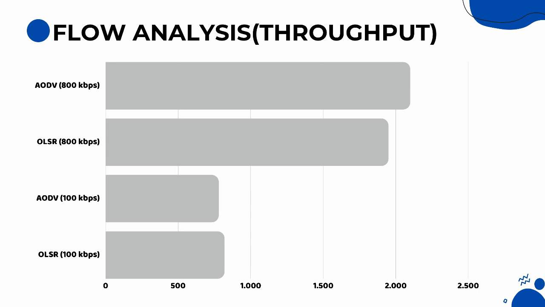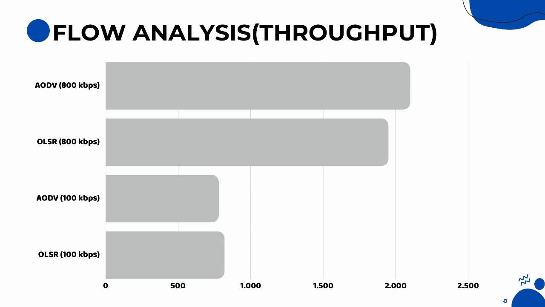Analyzing the throughput results, we observe an interesting behavior. When the network load is low at 100 kilobits per second, the two protocols behave almost identically. However, as the load increases to 800 kilobits per second, AODV begins to show slightly superior performance to OLSR.